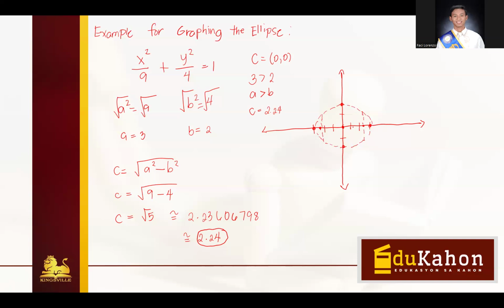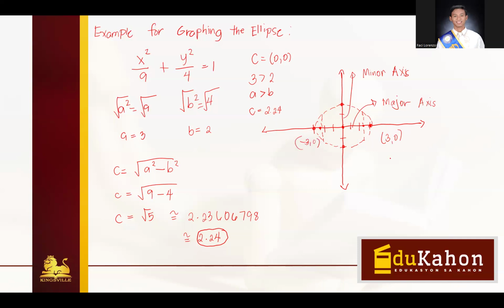Again, this is what we call the major axis. Since this is horizontally oriented, the axis for your ellipse is lying on the x-axis. And this is your minor axis. If you have the minor axis and major axis, this is also what we call the major vertices. This is positive 3, 0, and this is negative 3, 0.